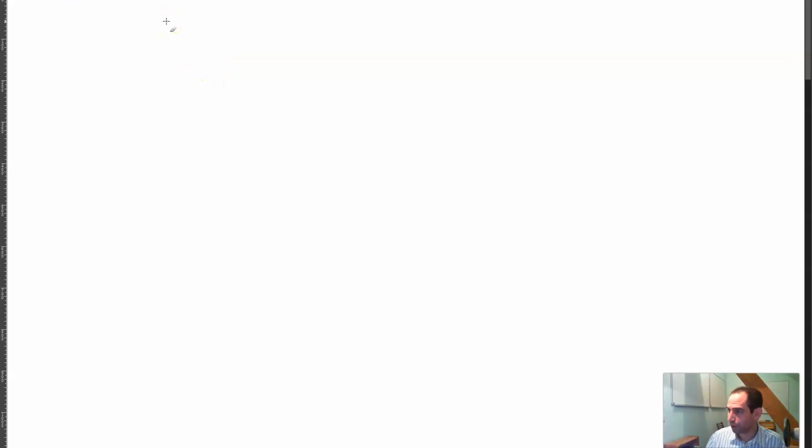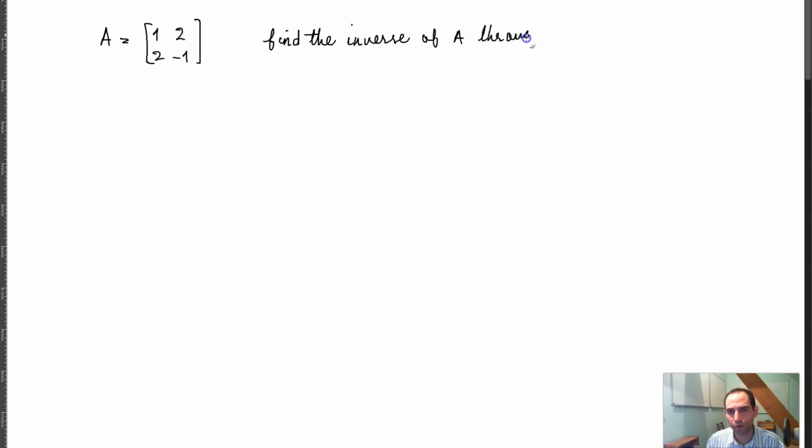Now the matrix that I have is A equal to 1, 2, 2, negative 1, and I want to find the inverse of A through column operations.